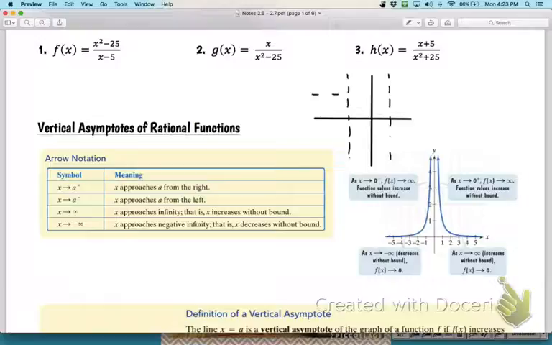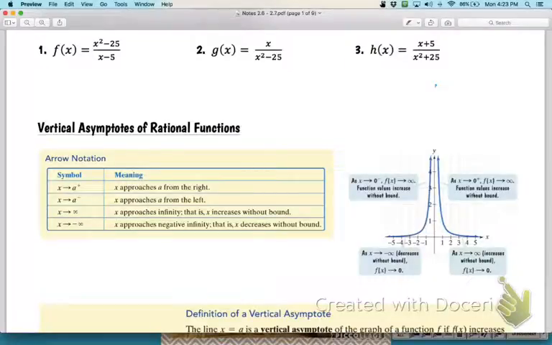I could have a horizontal asymptote like this, and I could have a slant asymptote, which means it goes sideways, something like this. So maybe I have a function that looks like this, and this, and this. I don't know, I'm just making that up. But that's how the asymptotes would work. It gets right up to that border, but it never actually gets there. So those are the 3 types of asymptotes that we are going to be looking at.